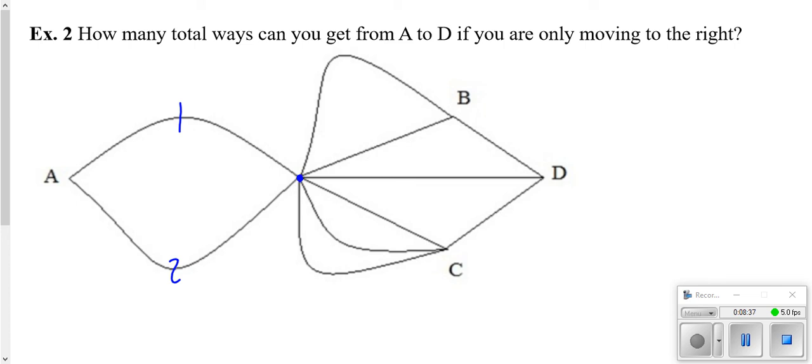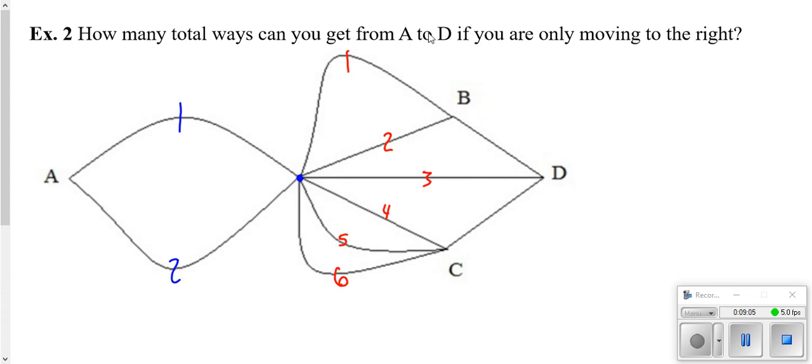From here, I have an option of going up from A all the way down to D, so that's 1 there. I have this option where it's going sharply up to B and then down. That's going to be 2, straight across 3, down right here I would count as 4, down and around this little curve here, that'd be 5, and last but not least, this longer curve down here, that's 6.